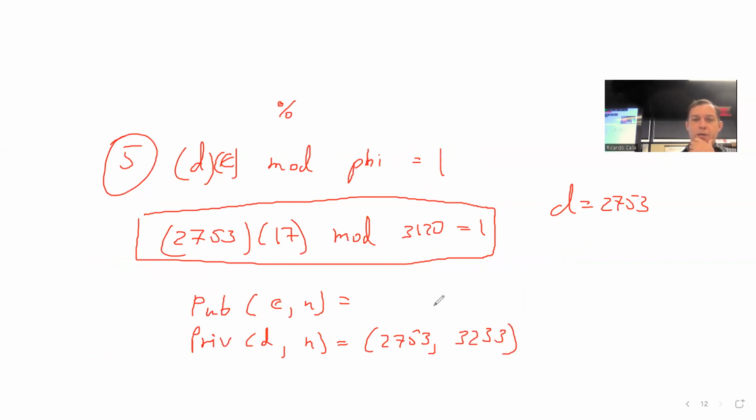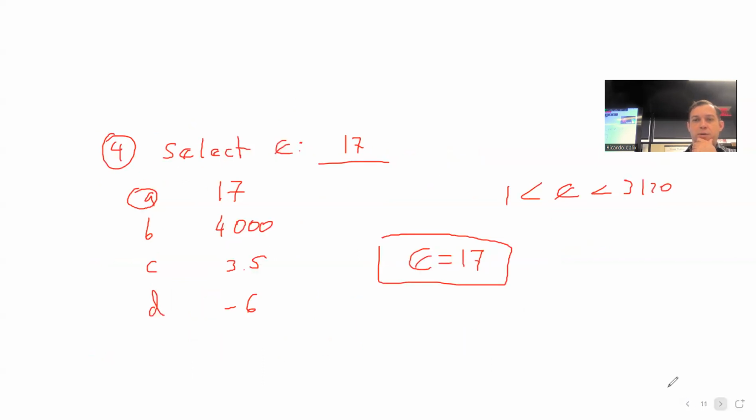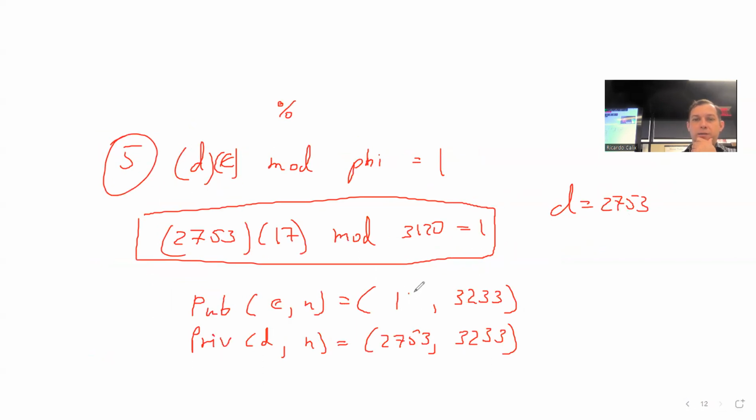Then it would be 3233 for this one as well. And what was E? 17. You already see something that I was talking about that's very peculiar about public and private keys. What do you notice here? See if you're keen on things.